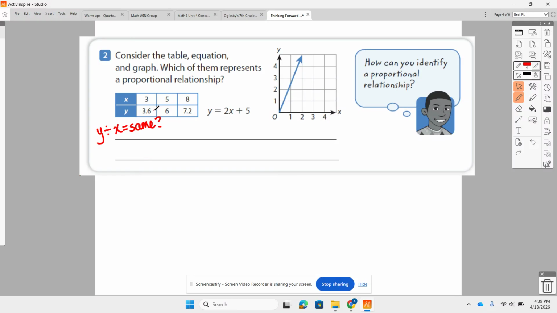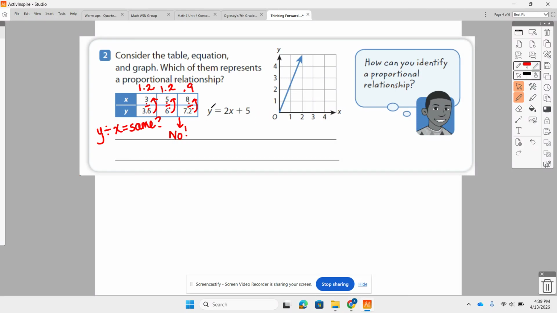So if I was to divide 3.6 divided by 3, I would get 1.2. 6 divided by 5 is also 1.2. But 7.2 divided by 8 is 0.9. So this one is a no, not proportional.